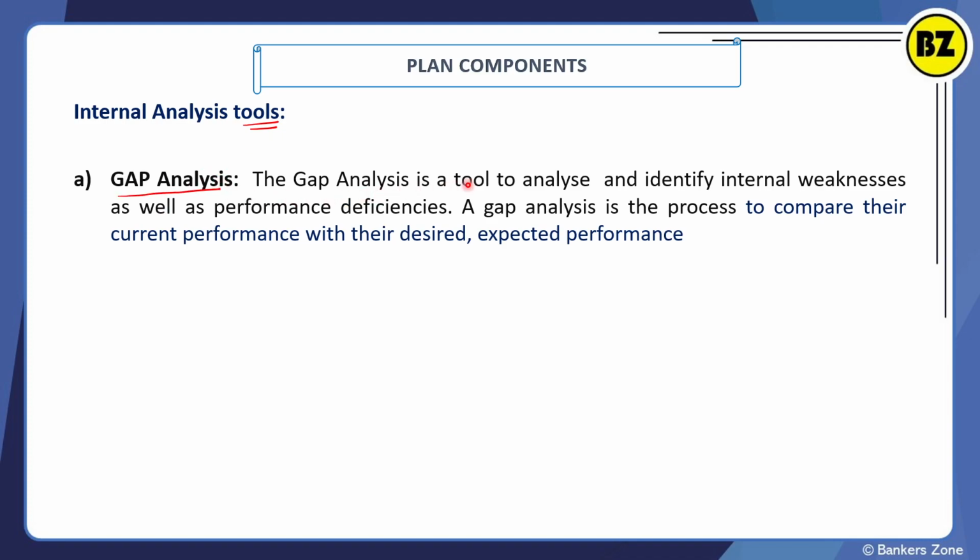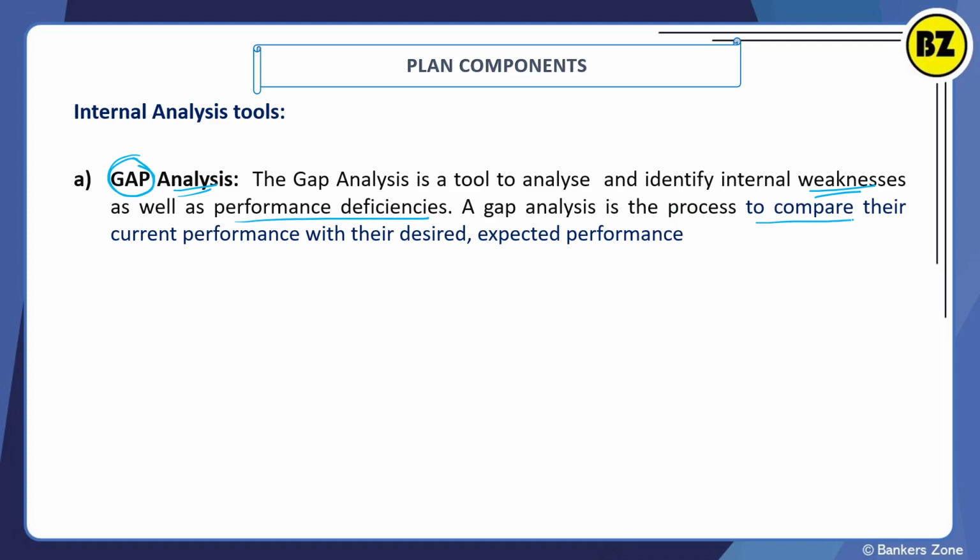Gap analysis is a tool to analyze and identify the internal weaknesses as well as the performance deficiency. The name itself is self-explanatory. Gap means there is a gap in the performance, between the internal weaknesses and the performance deficiency. So why is the name gap?